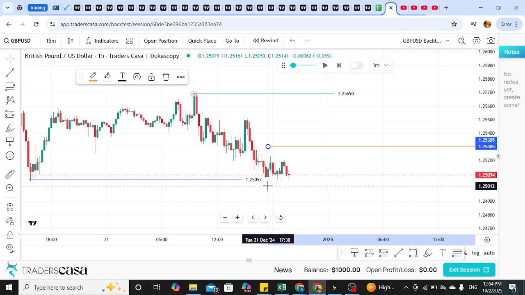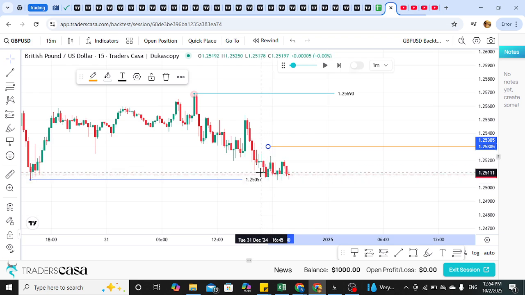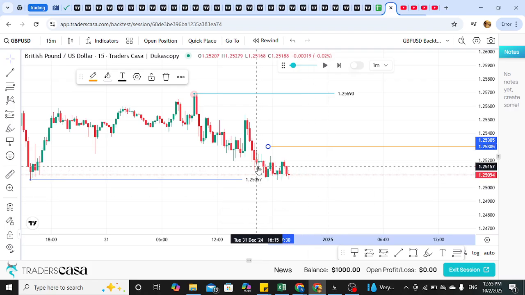Since this is the lowest, see, this is a pullback, but it's not for the lowest low. We need a pullback for this low, and no, this is not a pullback. Now this is a pullback. Why is this not a pullback? We can see this green candle here. Yes, it went down.